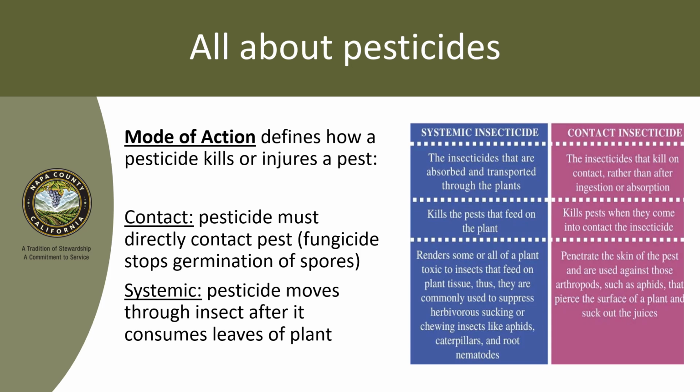The pest feeds on it, and then it takes out the pest after the pest consumes the plant itself. With a contact pesticide, the pesticide has to literally directly contact the pest. A good example of that is fungicides stopping germination of spores, and it has to come into direct contact with the pest, as opposed to systemic, where the pesticide is moving through the insect after it consumes the plant.